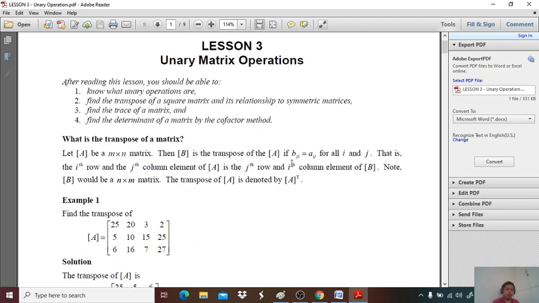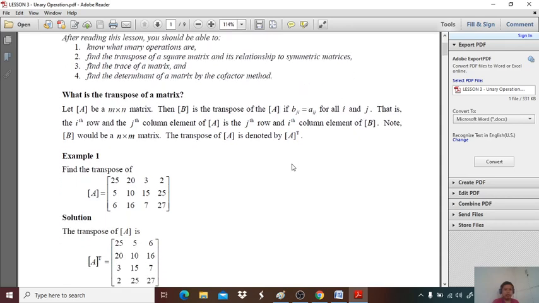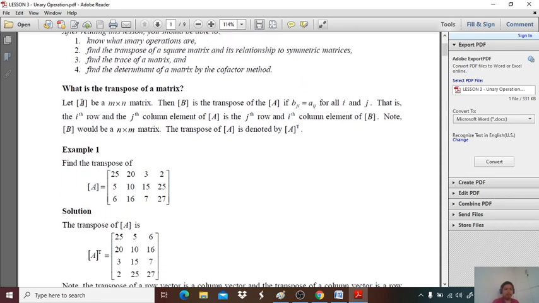So first, what is the transpose of a matrix? Let's say matrix A is an M by N matrix. Then B is the transpose of A if Bij is equal to Aji for all i and j.